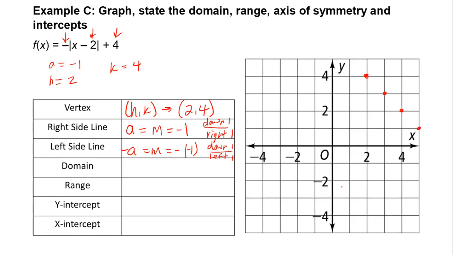Now we're going to do the left side. The left side is going to be the opposite of the right side. So we're going down, left, down, left, down, left.